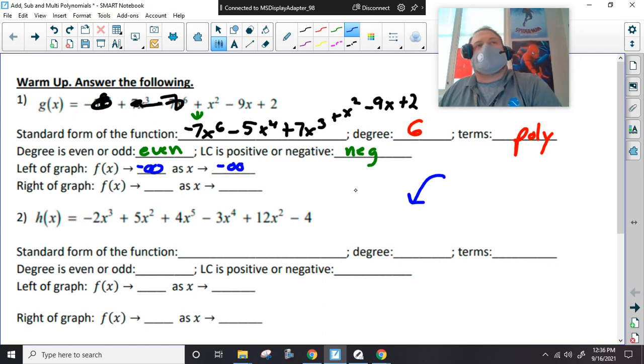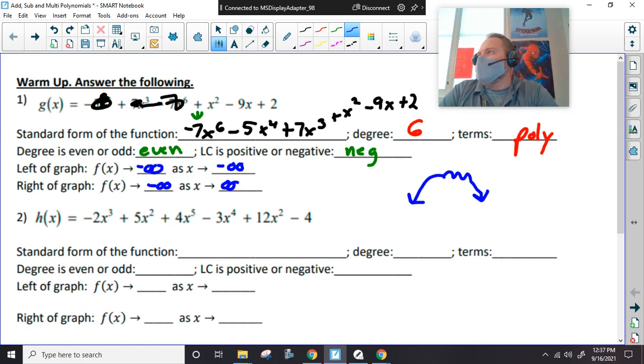On the right-hand side, this goes to negative infinity as x gets bigger. So the graph of this looks somewhat like a quadratic that opens down, because this is negative, okay?